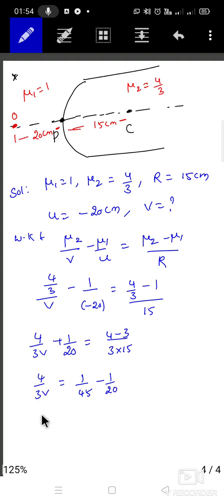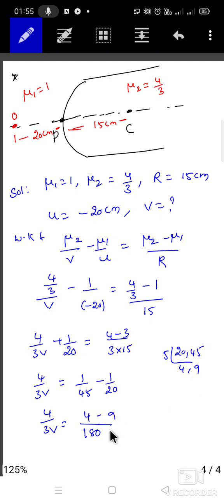So now 4 by 3v equals, taking the LCM of 20 and 45, which is 180: 45 goes 4 times and 20 goes 9 times.